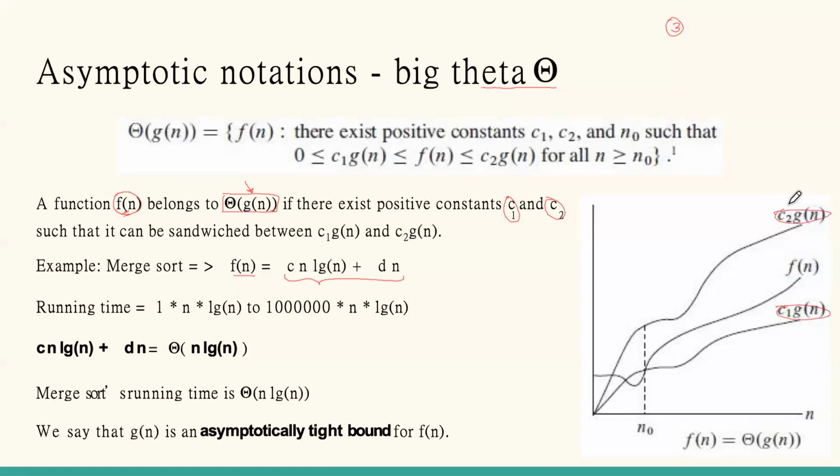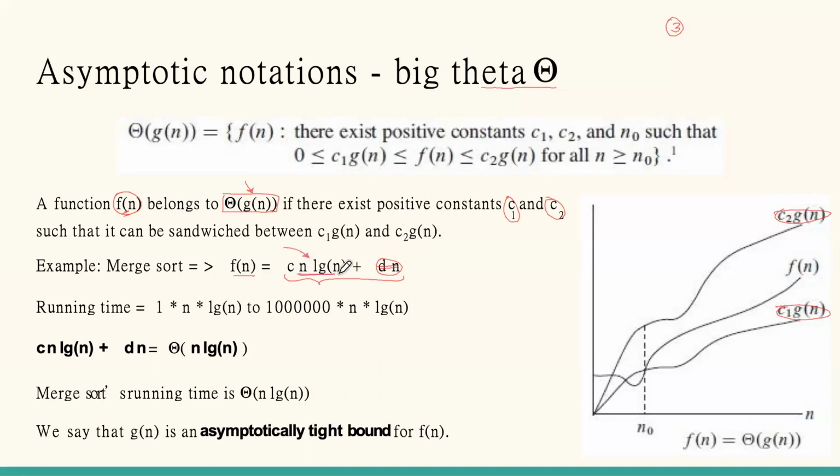In the case of merge sort, since the dn term is a very small number compared to n log n, we can simply ignore it. We can also ignore it because in the case of merge sort, no matter what happens, this part is always executed.